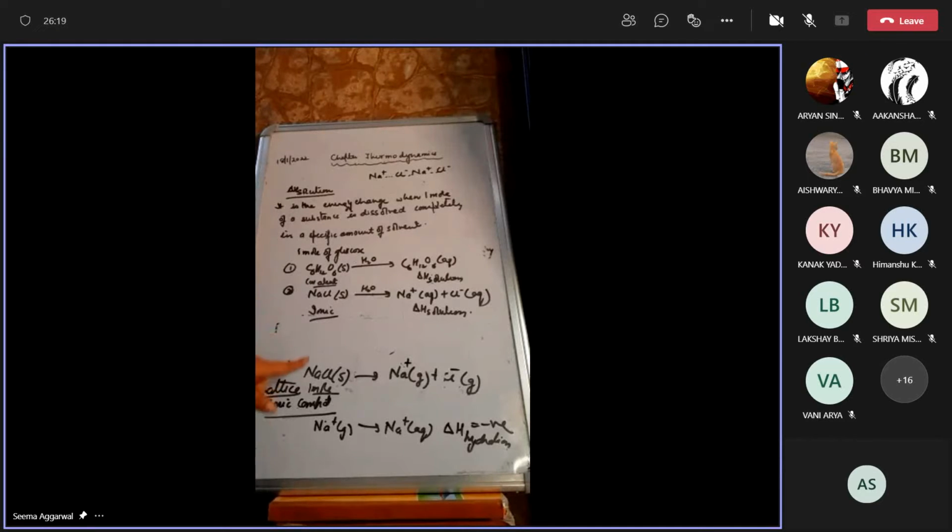When 1 mole of an ionic compound is broken into its gaseous ions, we get the lattice enthalpy. Hydration enthalpy means when 1 mole of gaseous ions are hydrated to form aqueous ions, and it is the energy released. So this is called hydration enthalpy. I hope the difference between these 3 terms is clear to you. Yes or no?